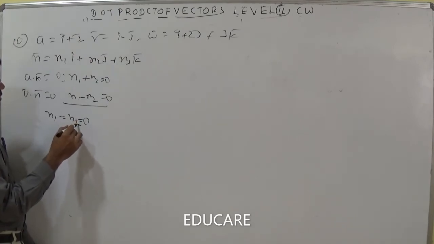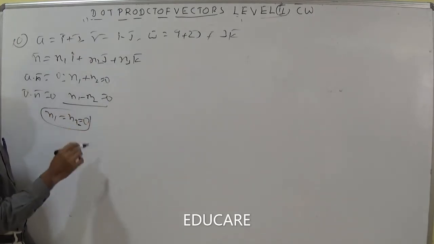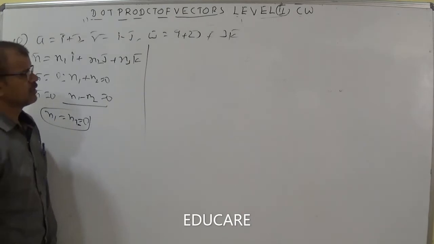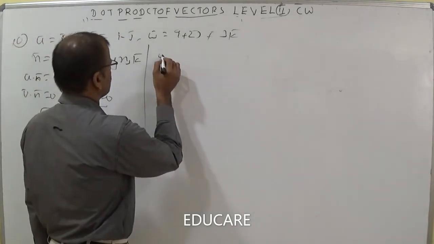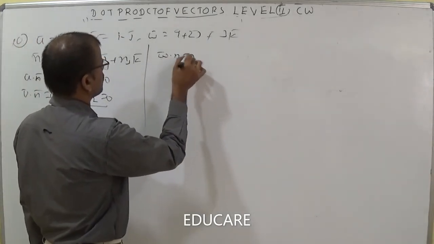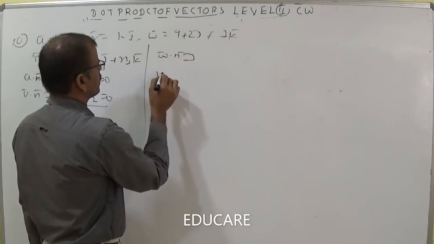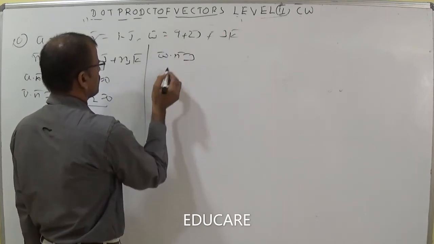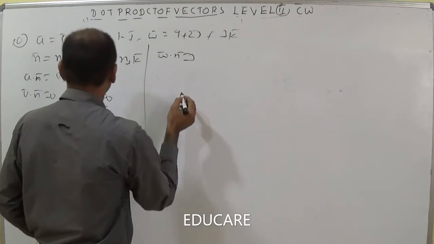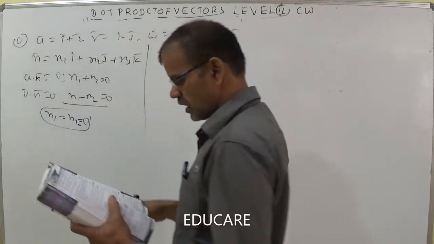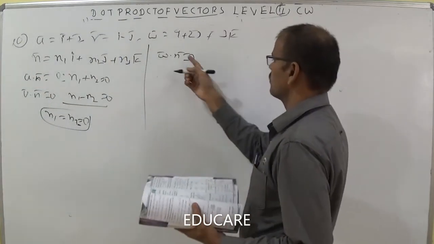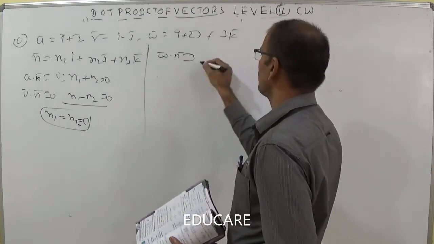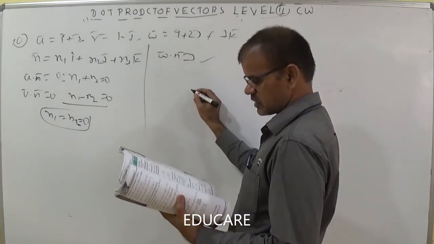So n1 equals 0, n2 equals 0, both are zeros. No need to calculate n1 and n2. Here W dot n bar is 3, because W dot n bar we should calculate. n1 became 0, n2 became 0, so directly 3 you can write. Okay.